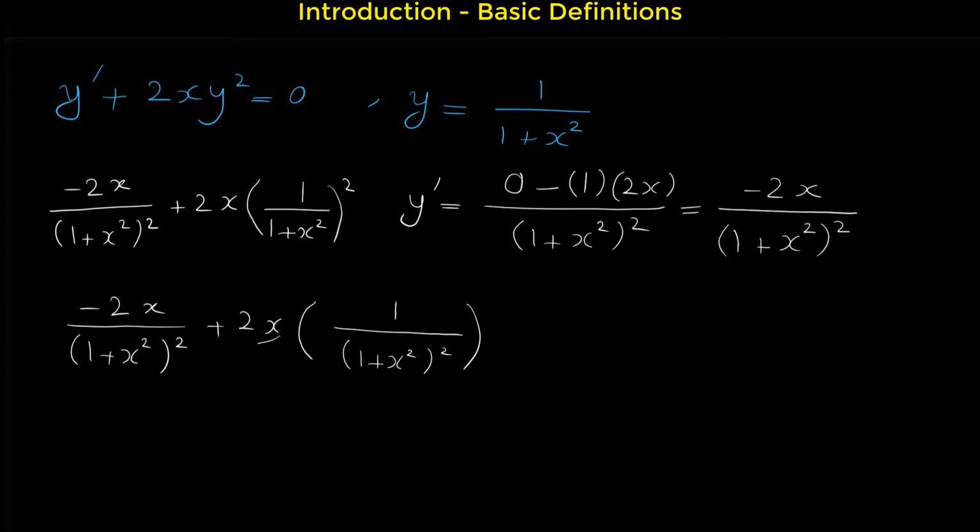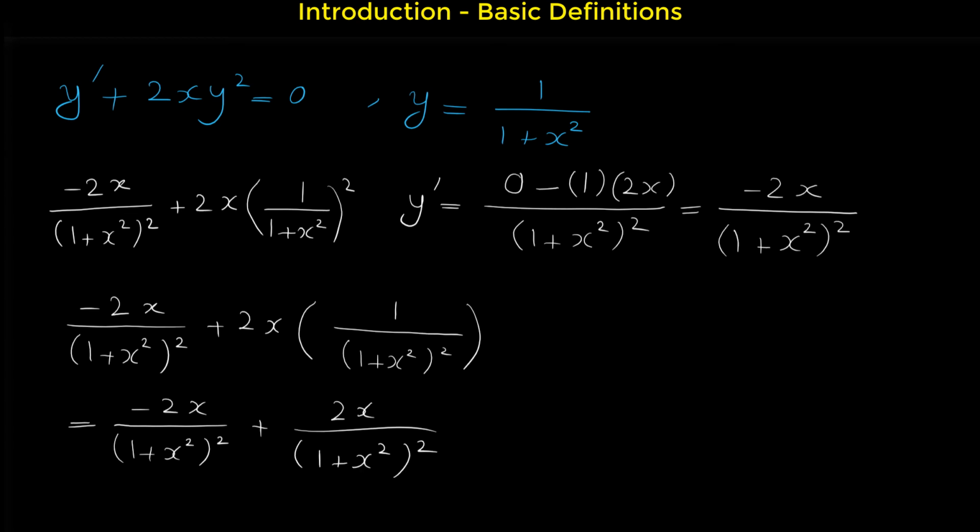Now note that if we multiply this 2x in the numerator, we get this expression, negative 2x over 1 plus x squared, squared plus 2x over 1 plus x squared, squared.